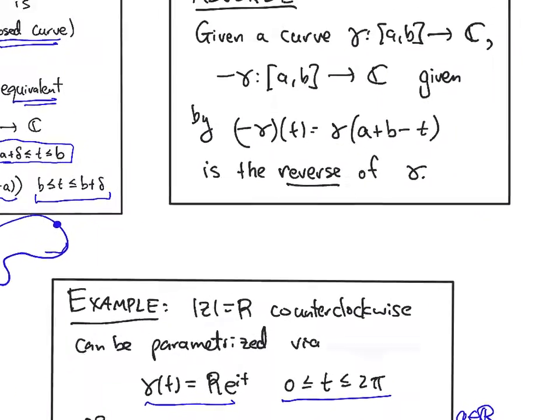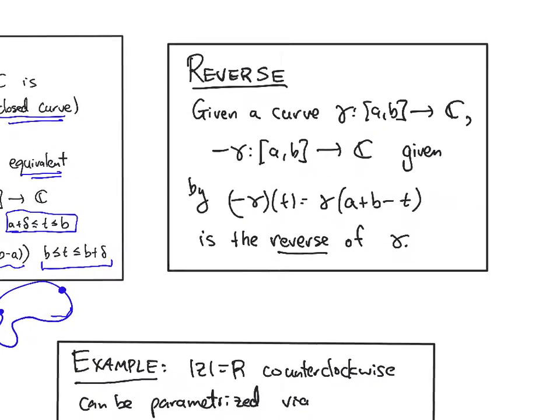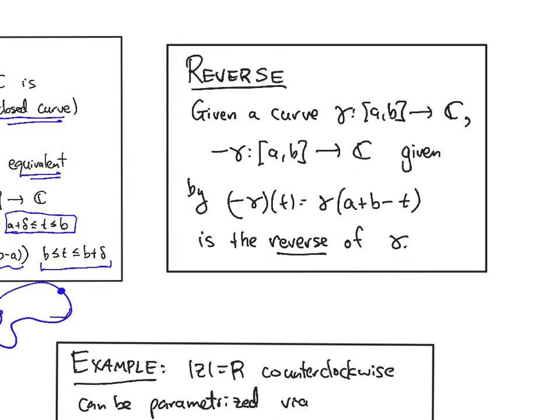We also need the notion of the reverse of a curve. So if I have a curve gamma here, then minus gamma is just going to be the curve that goes in the opposite order.